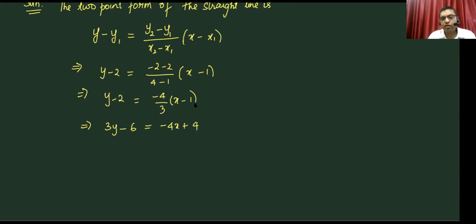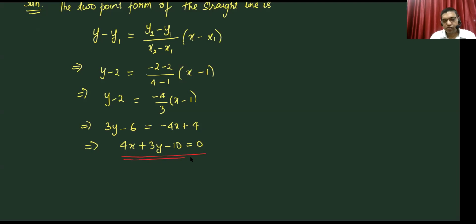I have multiplied 4 inside, -4x plus 4, and here 3 times y minus 2 times 3, that is -6. So we get 4x plus 3y minus 10 equal to 0. So this is the equation of the line.